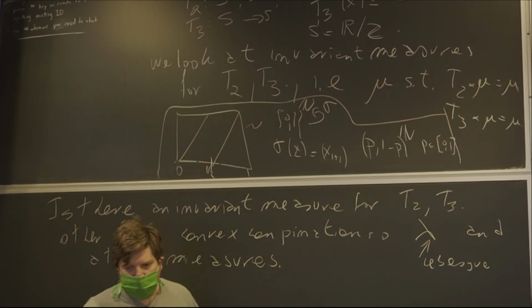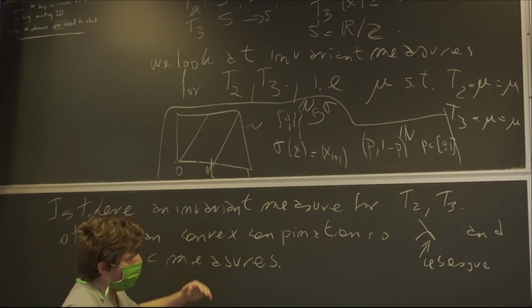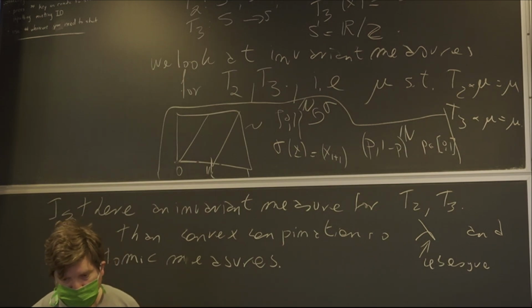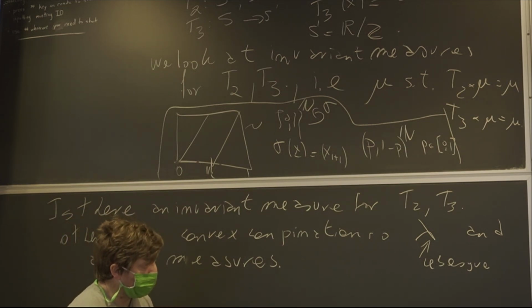There are several other ways of restating it. One way is: if the measure has no atoms, then does it have to be Lebesgue? That's a reasonable way of stating it.